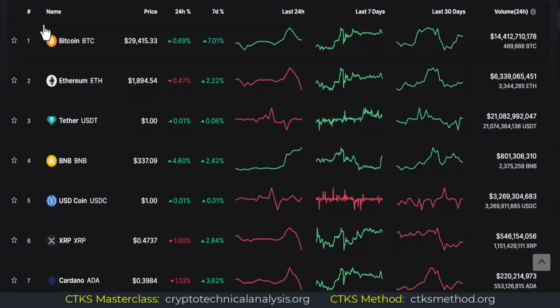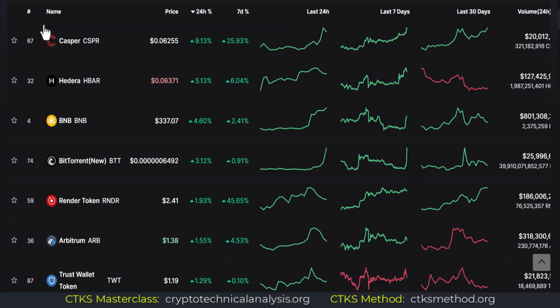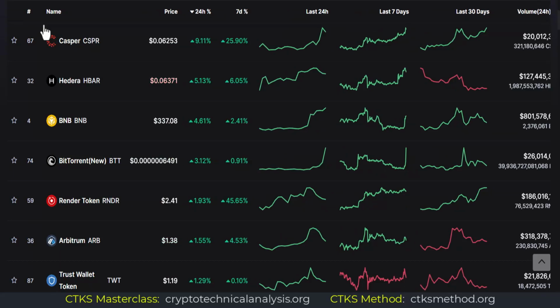Let's run the numbers. One thing that we always try to understand is investor sentiment and investor attention. That's why I show you the greatest gainers and greatest losers each day. It's really important to contextualize where the market is going. The greatest gainers in the past 24 hours: Casper, HBAR, BMB, BTT, Render, ARB, and TWT.